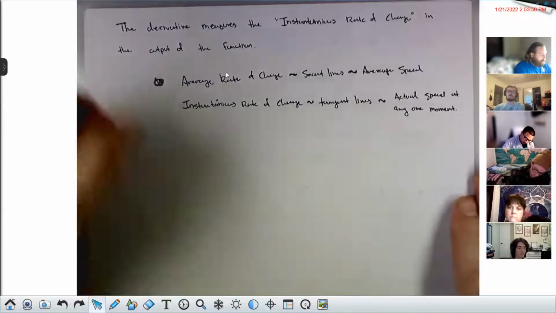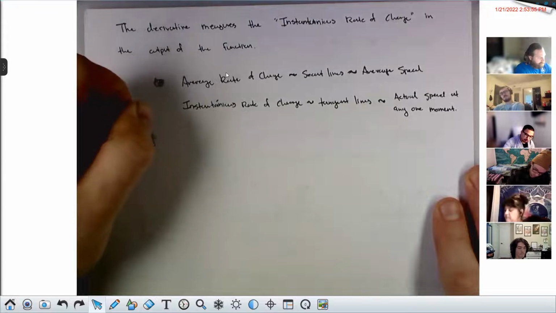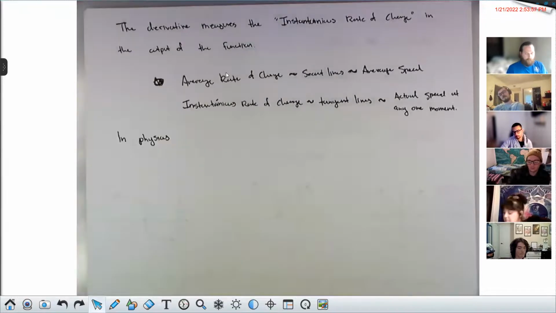So the specific examples from physics, I'm going to use the notation your book uses.